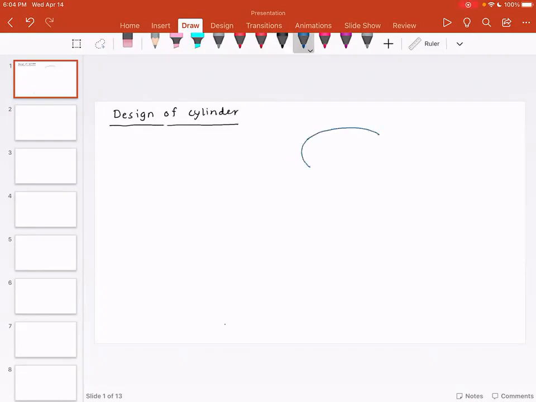This is the cross section, cut cross section. So you can think about it like a Coke can that is cut into two pieces, two halves. And we are interested in finding out the thickness of the cylinder.